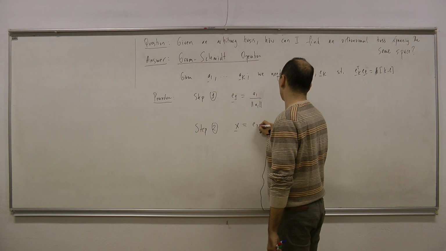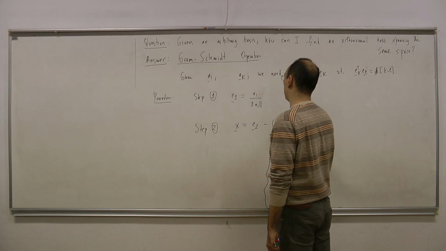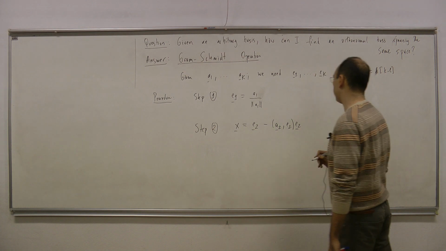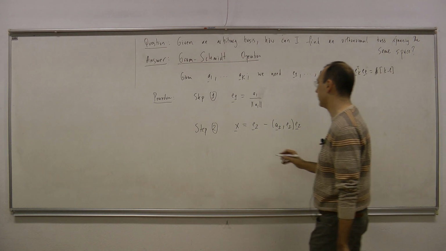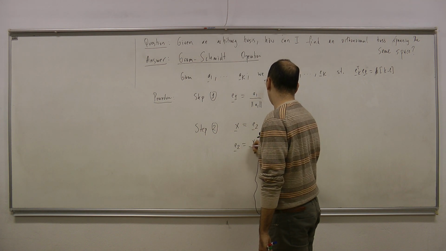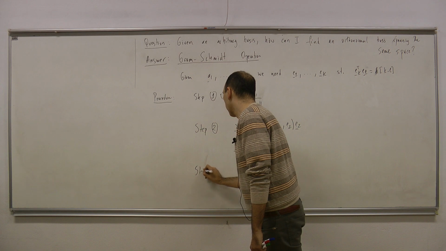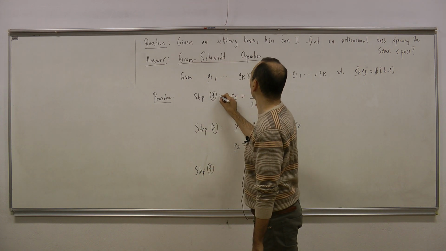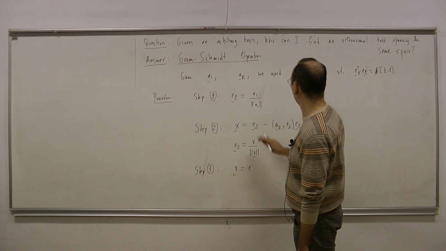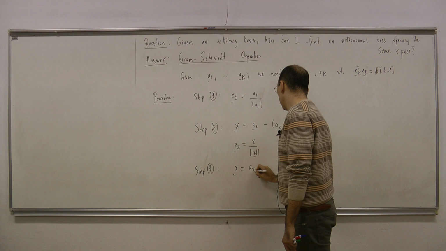X vector is A2 minus, I have something like that. And my E2 is x vector with unit norm. So let me write step 3. So x vector is, sorry, this is a mistake. So I have A2, this is A3.